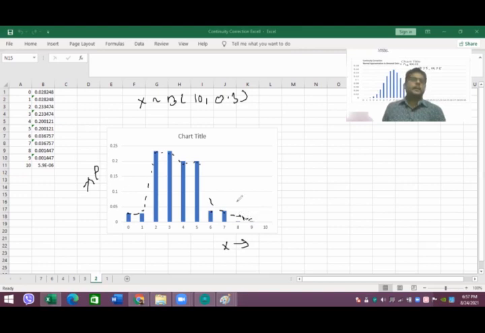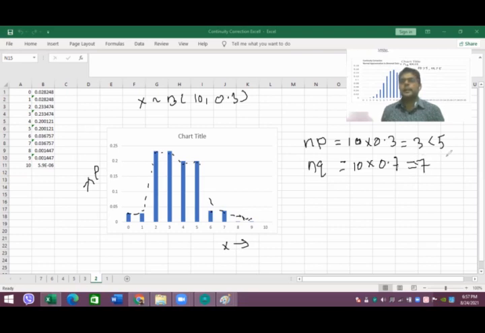Let's check it. Your np value is 10 times 0.3, so it is 3, which is less than 5 again. Then nq is 10 times 0.7, where q is 1 minus p, and this value is 7, so this is bigger than 5.